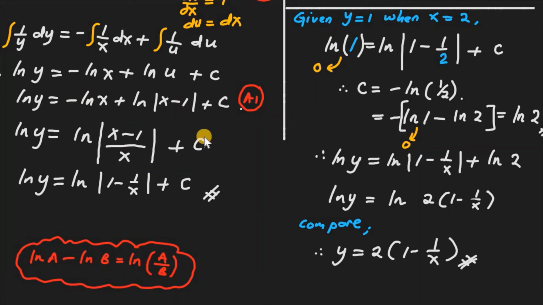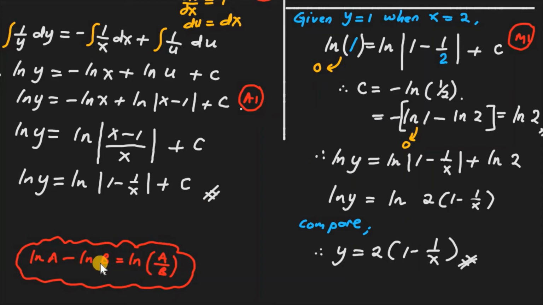Okay. And then to solve for the C, we have to show that we are substituting the values given to us. And do know that as we replace, ln 1 is 0, and hence we are left with C as negative ln half. And again, let's apply a property of the log here.